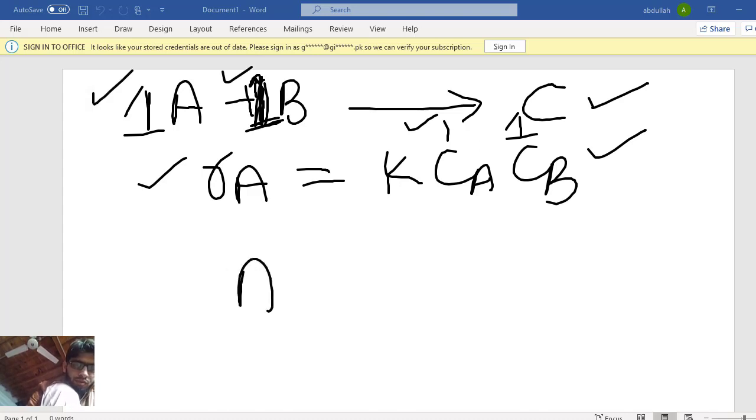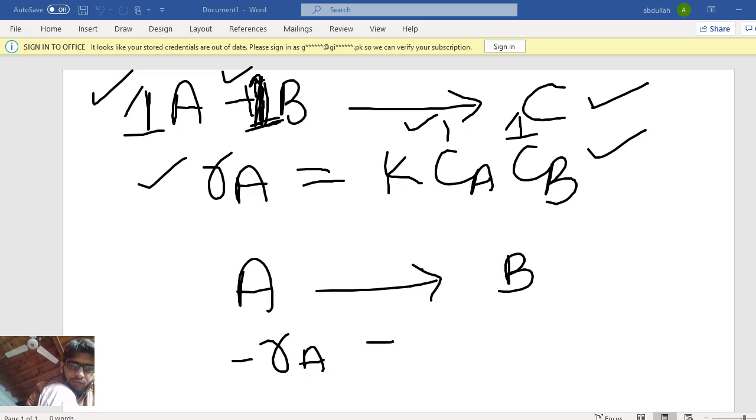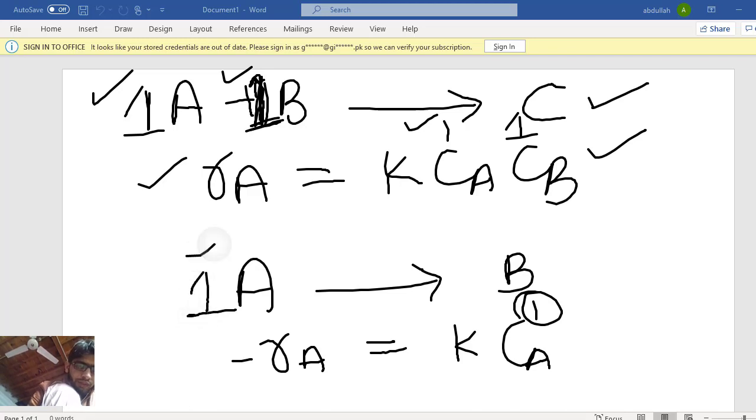Suppose we have an elementary reaction in which A is converted into B, and the rate law for this reaction will be written as K C_A, the concentration of A to the power of 1. Now this power 1 is nothing but the stoichiometric coefficient of this reactant.